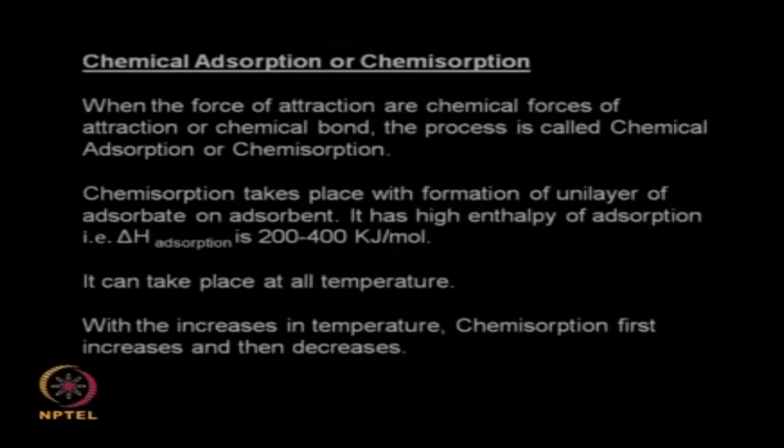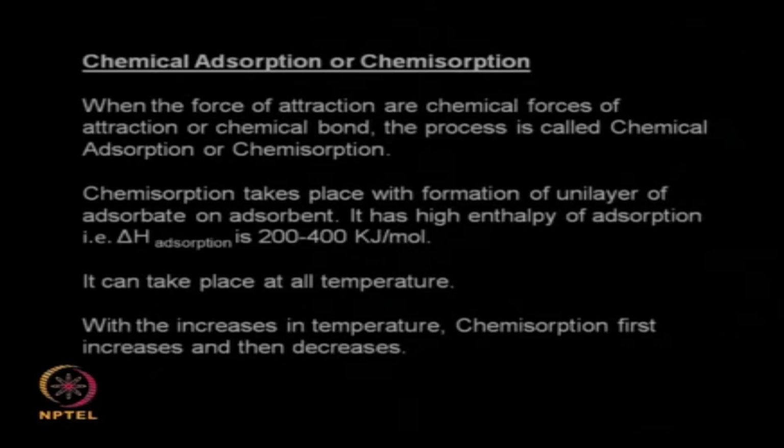Chemisorption is nothing but chemical adsorption. Here the forces of attraction are chemical forces or chemical bond type of forces, whereas in physisorption you have weak forces like van der Waals forces. You generally form a unilayer of the adsorbate on the adsorbent, and the delta H, that is the enthalpy of adsorption, is very high, 200 to 400 kilojoule per mole, whereas in the previous case we talked about almost 20 to 40.